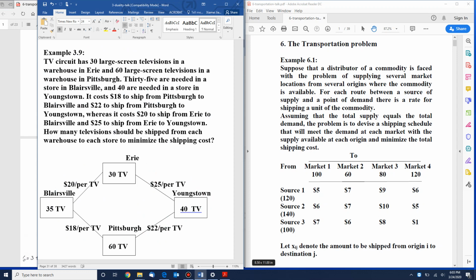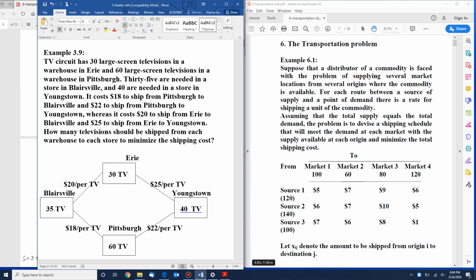We may have more sources and more destinations. So here, let's look at example 6.1. Here we have 3 sources and 4 markets. And here you can see there are different amounts of supplies from different sources and different requests from different markets, right?